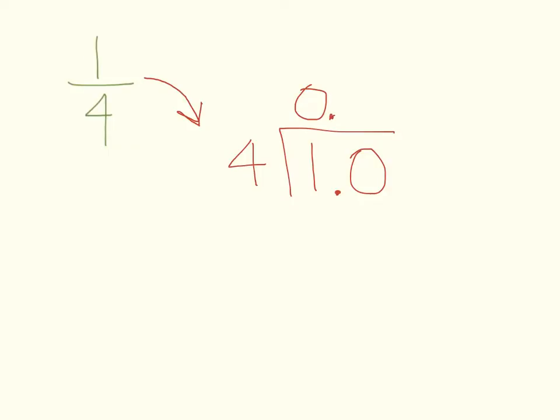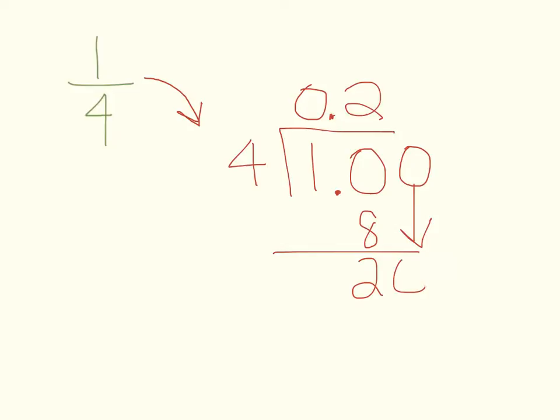And so now we look at how many times 4 can go into 10, which is 2 times. 4 times 2 is 8, with 2 left over. We have to add another 0, bring down the 0. 4 can go into 20 5 times. So once you have your even answer, then that is your decimal for your fraction of 1/4.